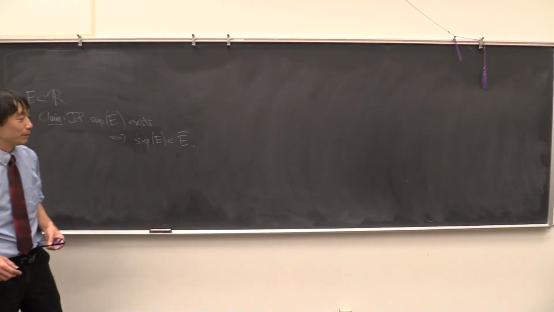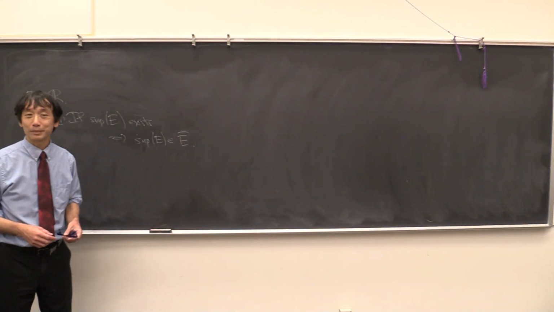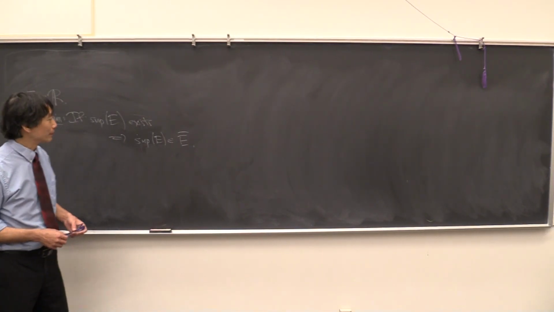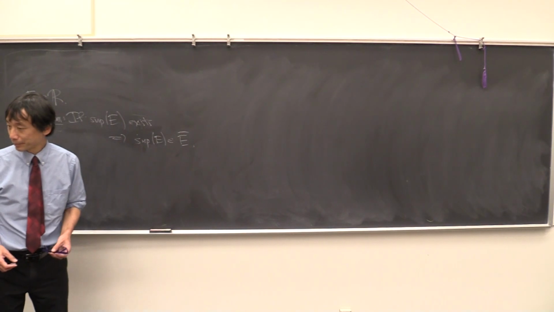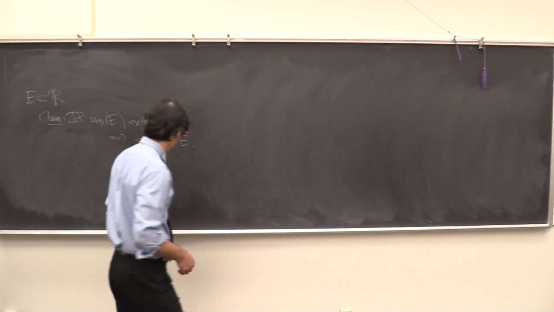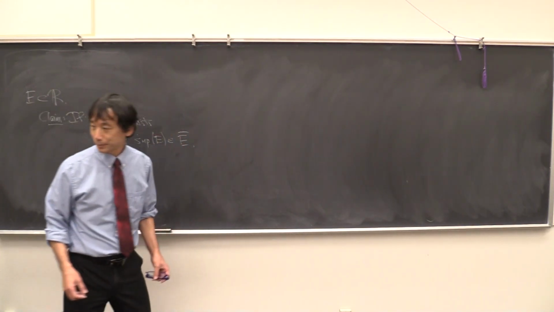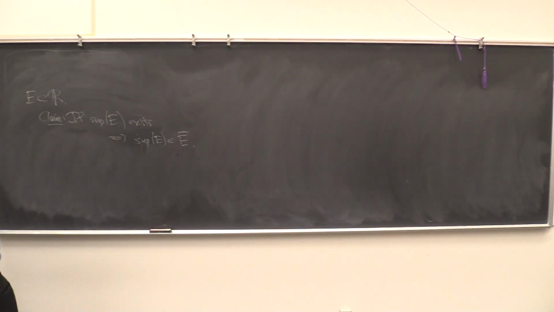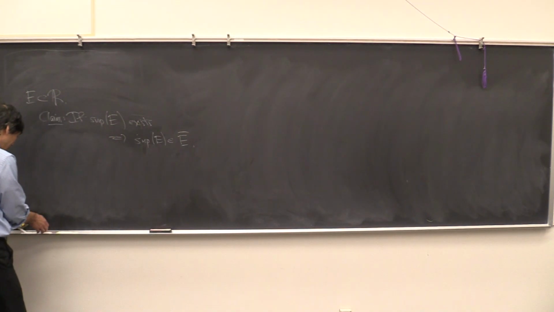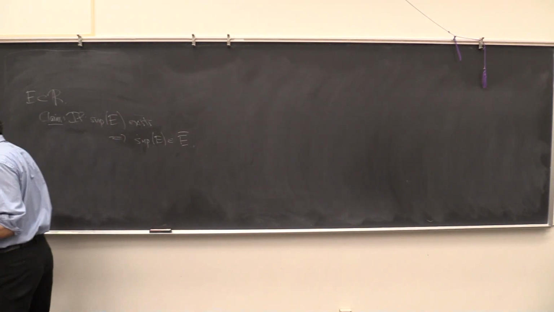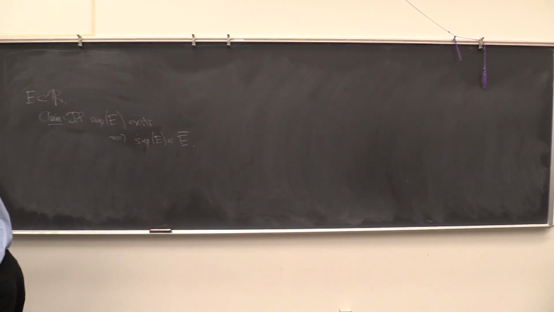Okay, talk to a neighbor. It's the line, I'm thinking an interval. The set combined with its limit points is a closed set.